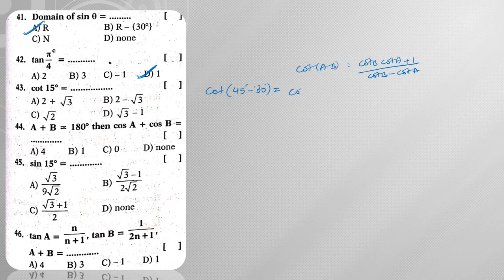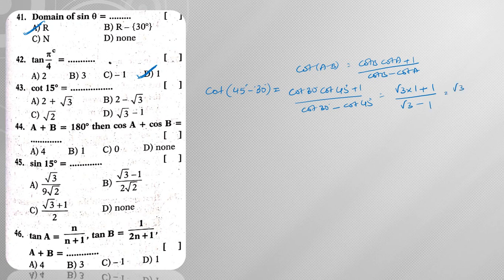So from this what am I going to get? Cot 30 into cot 45 plus 1 by cot 30 minus cot 45. When you substitute the values, cot 30 value is root 3 into cot 45 is 1 plus 1 by cot 30 value root 3 minus cot 45 is 1.